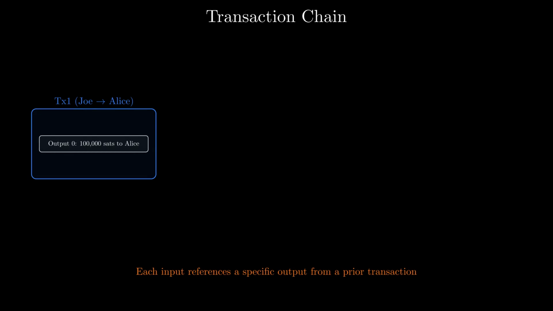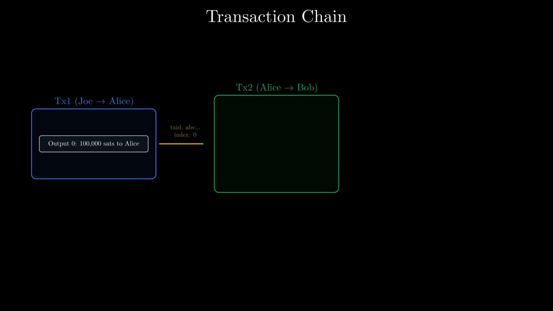Each input points to a specific output from a prior transaction using two pieces of data. The TXID, a unique 32-byte hash that identifies the source transaction, and the position index, a zero-based number specifying which output within that transaction. In transaction 2, Alice's input references transaction 1, output index 0.